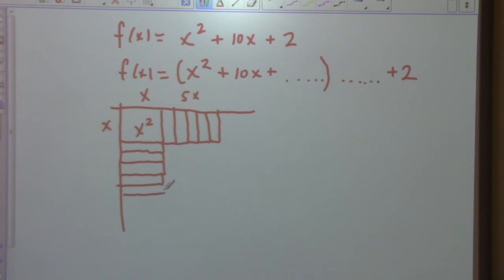So here's another 5x. So what you have to do is take that middle term and split it in 2, and then completing the square is all these numbers here.